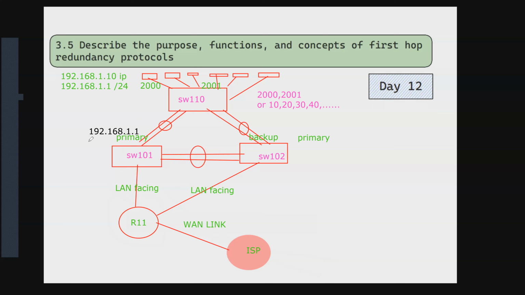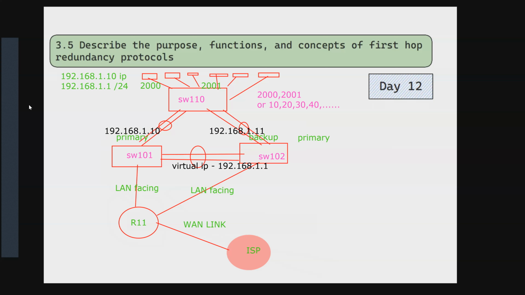So what we are doing is that we are not using this technique, but we are assigning some other IP to the switches. So for example, the primary switch has IP 192.168.1.10, and the secondary switch has IP 192.168.1.11. But we are creating one ghost IP, one virtual IP, that will be 192.168.1.1.